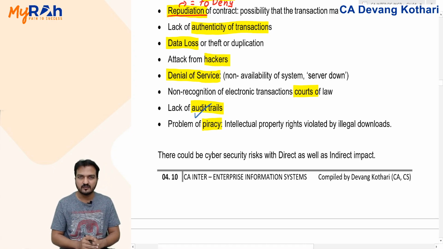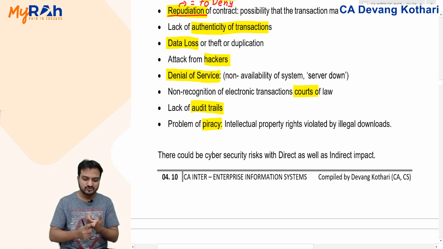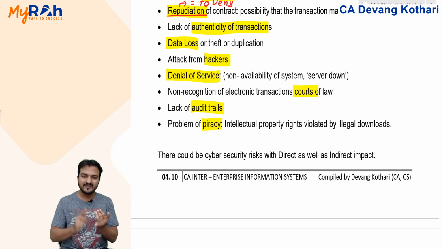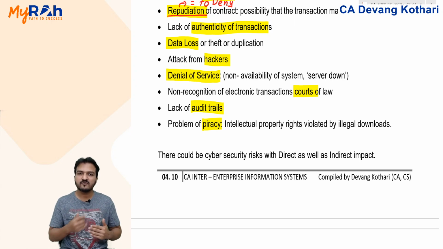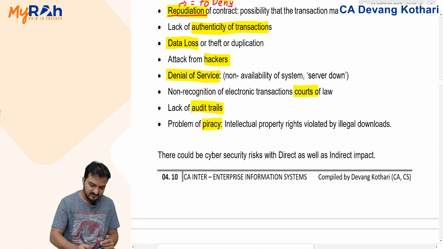Lack of audit trail. When everything is done electronically, there are no physical documents involved. If there are no physical documents, what will the auditor check? There is no actual purchase order, no purchase invoice, no payment confirmation, no PRN, no GRN and so on. If none of the documents actually exist and everything is done electronically, then there is a lack of audit trail.